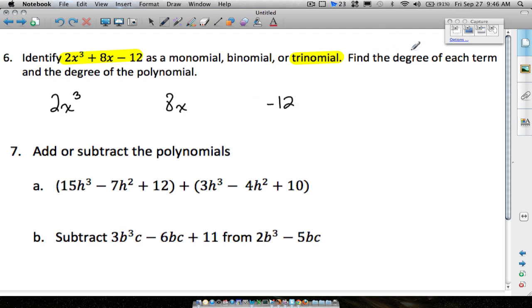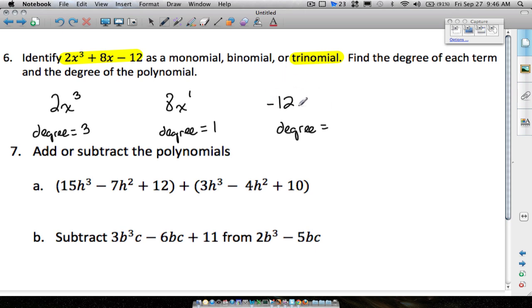So let's find the degree of each term. The degree of this term is equal to 3. The degree of this term here is 1. Notice I'm using the exponents of each term. And the degree here: negative 12 is a constant.